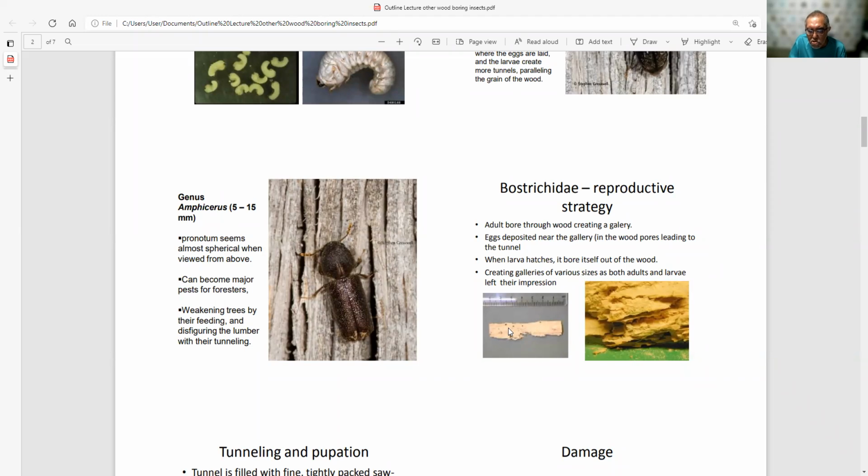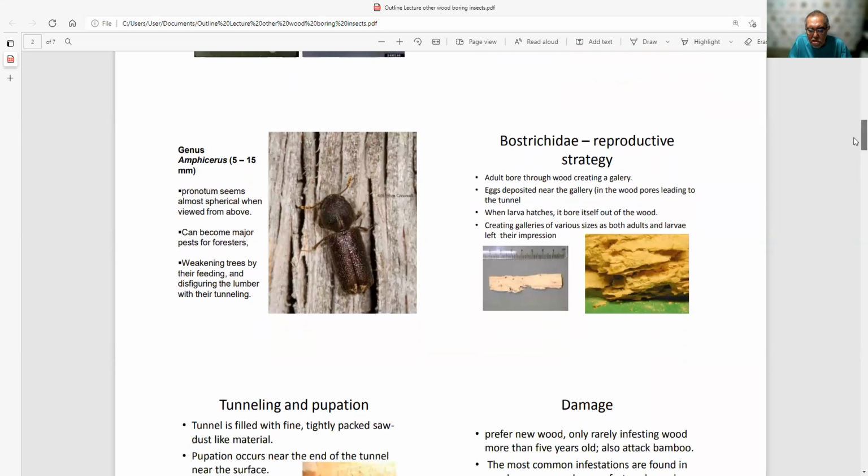In the lab tomorrow, we will see some of these impressions, the different sizes of tunnels being created by both the larval and also the adult stage.